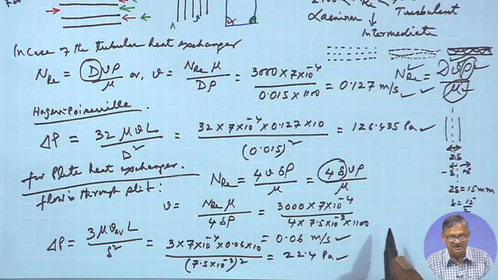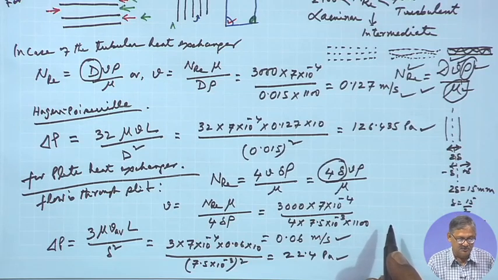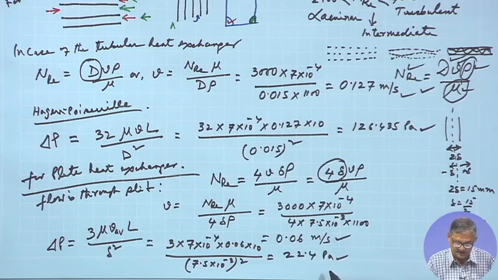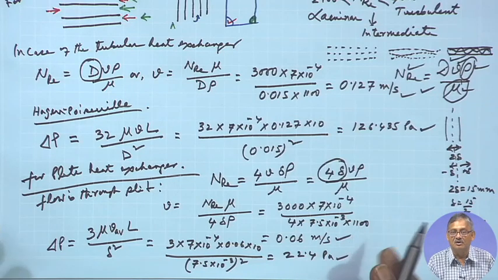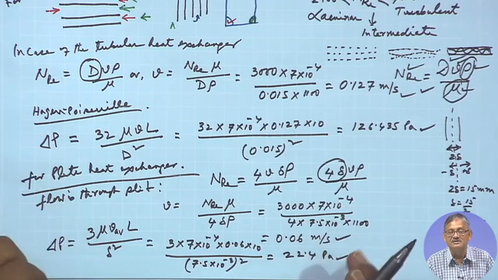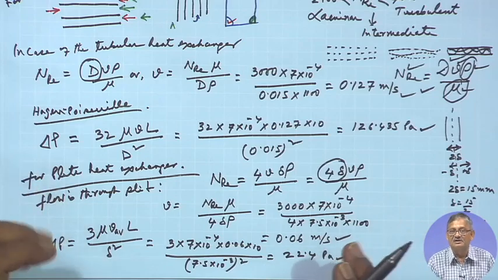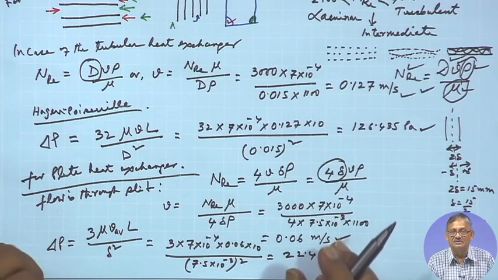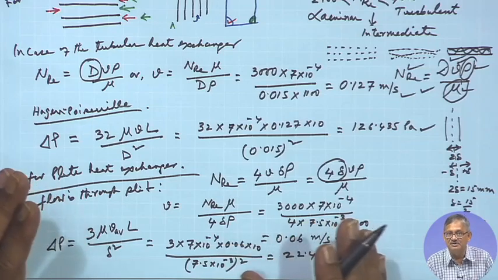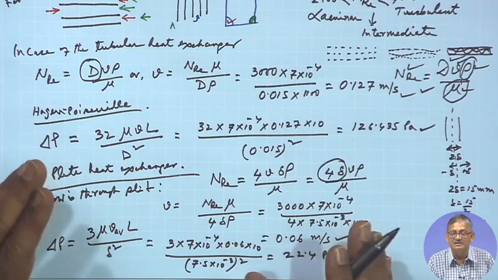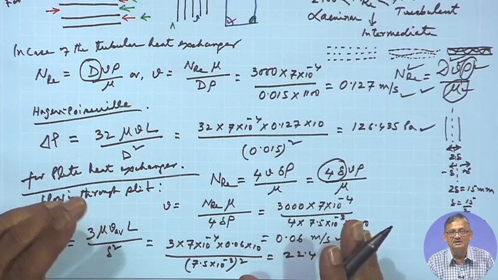So, that gives us an idea that whenever we are doing this kind of thing, knowing this value gives us the idea that in the tubular heat exchanger the pressure drop and the velocities are high, whereas in the plate heat exchanger, because we maintained the dimensions very close and the same fluid, the velocity as well as the pressure drops are much lower than those of the tubular heat exchanger.